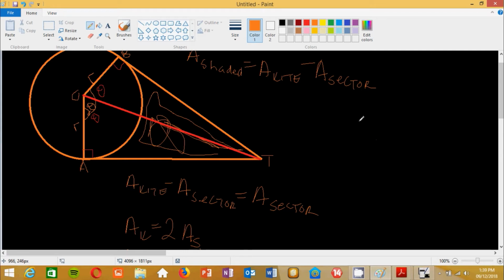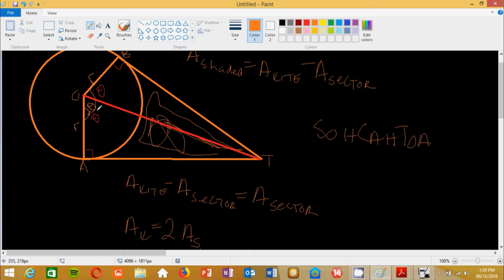Well, if this is a right-angled triangle, I can simply use SOHCAHTOA. Sine is equal to opposite over hypotenuse, cosine is equal to adjacent over hypotenuse, tan is equal to opposite over adjacent.